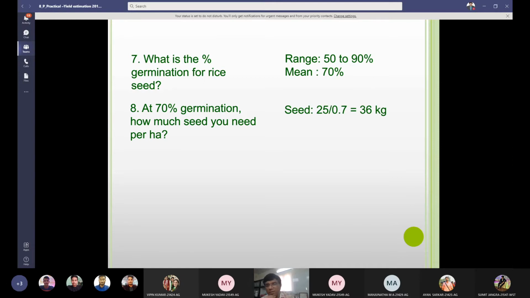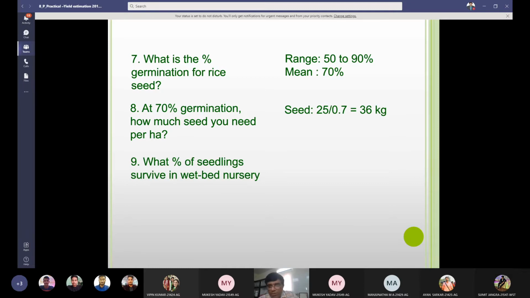Then 25 divided by 0.7, which means 70%. You need to overestimate it. So 25 divided by 0.7 comes out to be 36 kilogram. So now you need 36 kilogram seed instead of 25 kilogram, because your germination was just 70%.